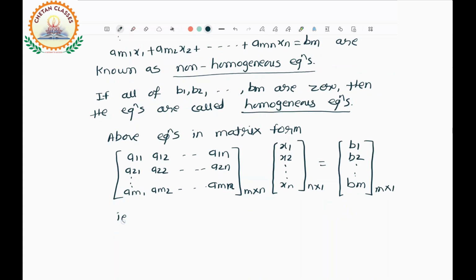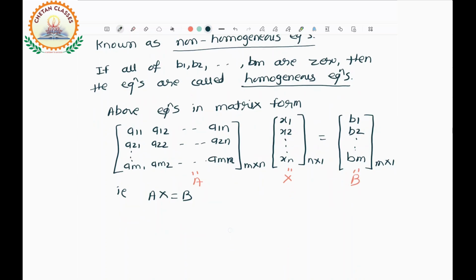That is AX is equal to B, where I highlight this. This is our matrix A, this is our X, and this is our matrix B. So A is called the coefficient matrix.